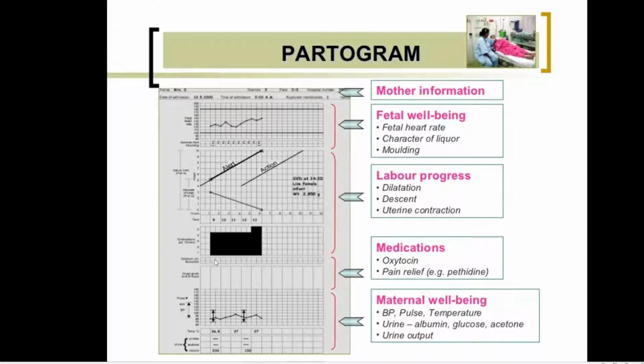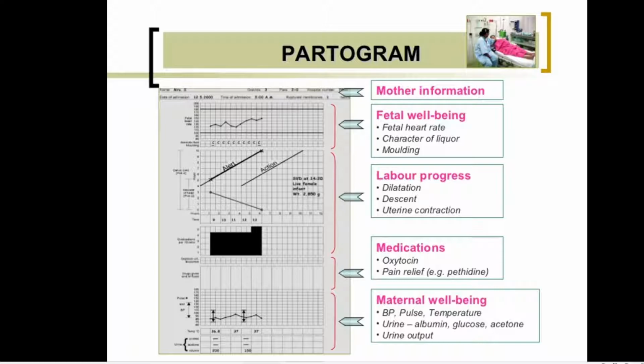At this line we write how many units of oxytocin we use, and at another line the rate of infusion, how many drops per minute. In this part we write other medication, for example pain relief, antibiotics, antihypertensive medication or other.